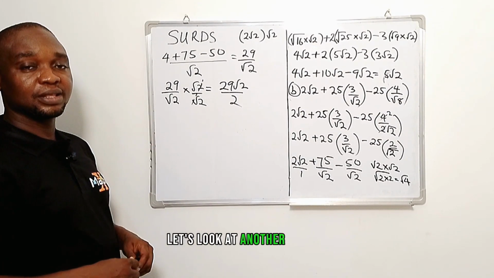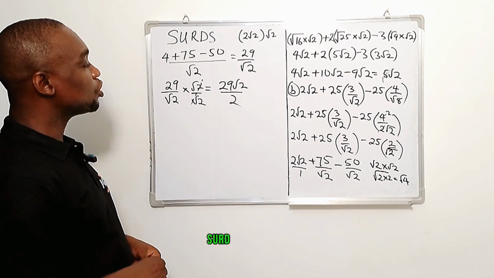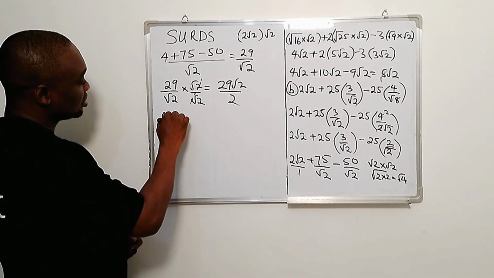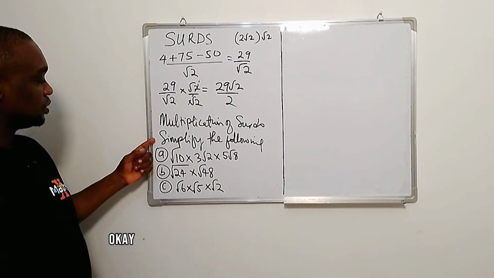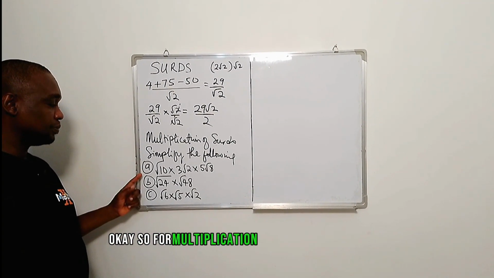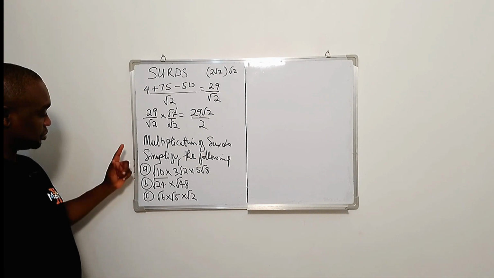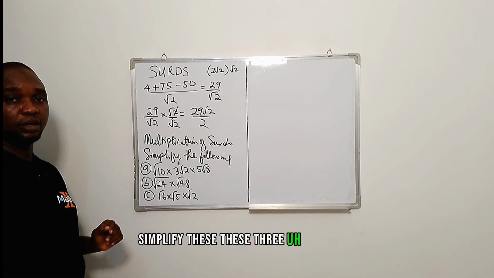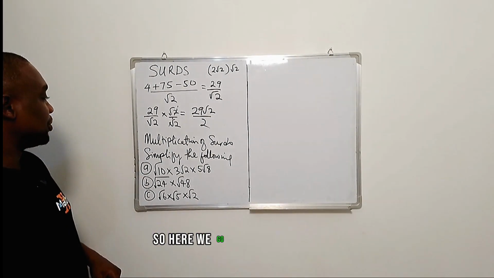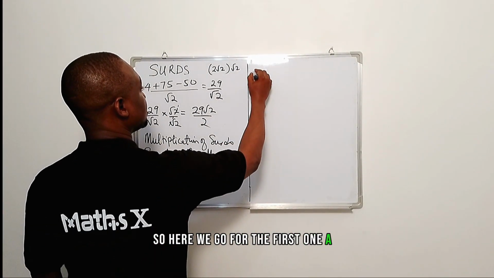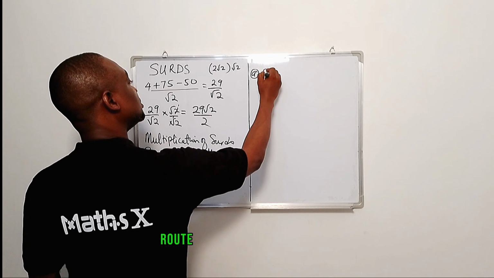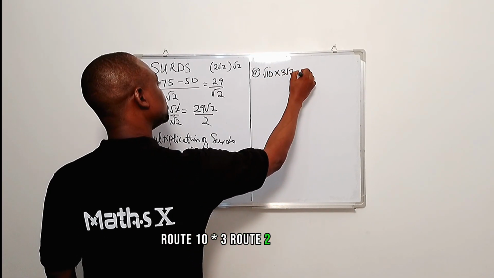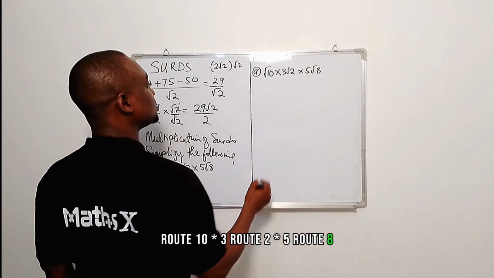Let's look at another type of sort operation, and that is multiplication of sorts. For multiplication of sorts, we're going to simplify these three exercises. So here we go. For the first one, A, root 10 times 3 root 2 times 5 root 8.